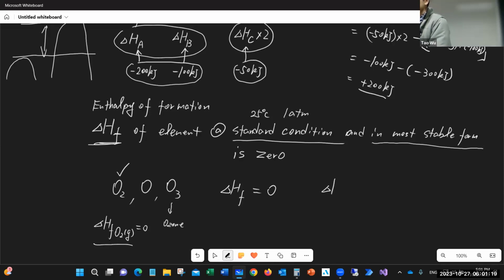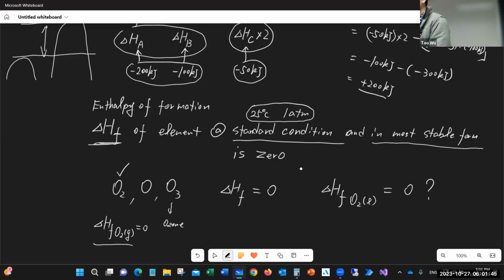Then how about the enthalpy of formation of liquid oxygen? Is this 0 or not? Then you think about it, is that possible? No, right? At 25 Celsius and 1 atmosphere, oxygen is just oxygen gas.